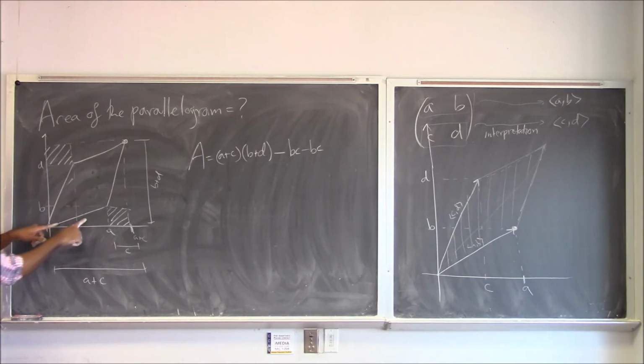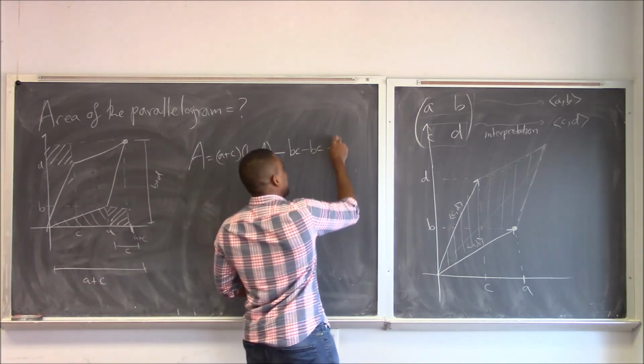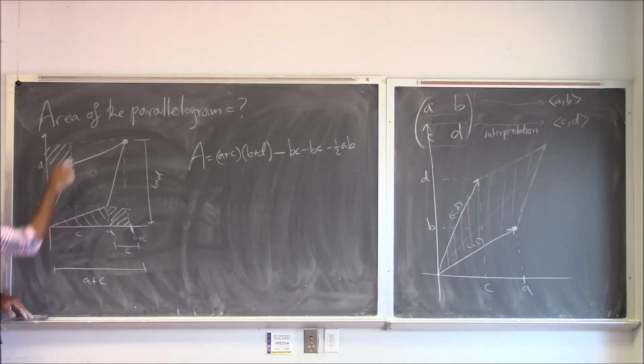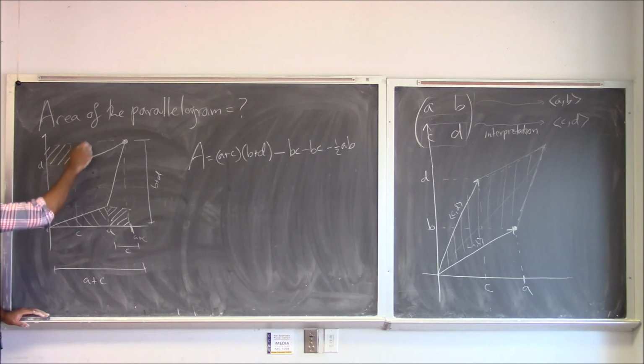What about this triangle here? AC times AB. Half AB, half base times height, to remember. Okay, what about this one here? Same. That's the same.